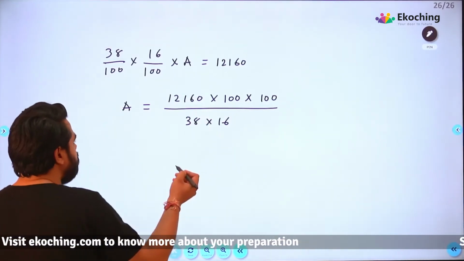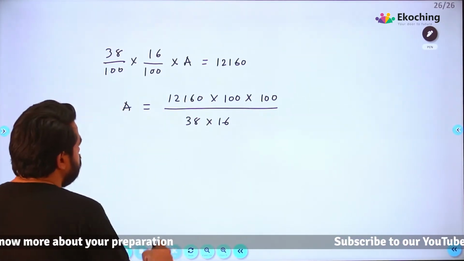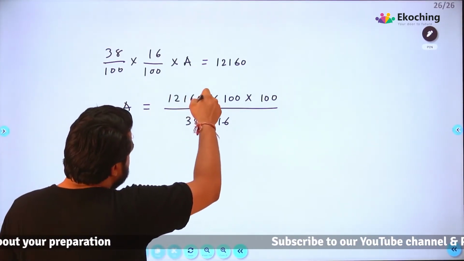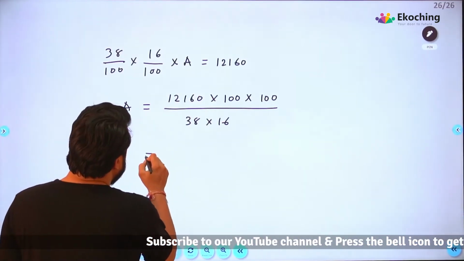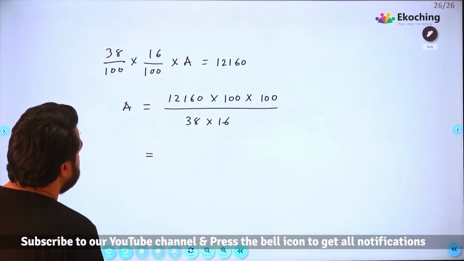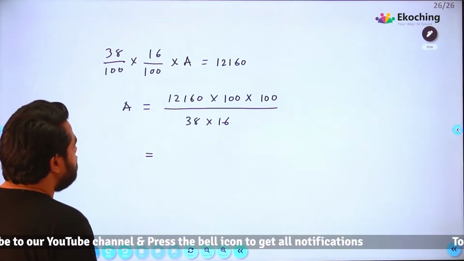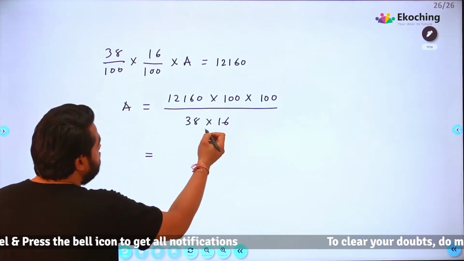Now let's try to solve this. I will first try to divide this by 16. So now I have 1216 divided by 16, right? So let's try to do that. 16 is 1200 plus 16. Now I'm just taking 1200 as a multiple of 16. If not, I will move on.